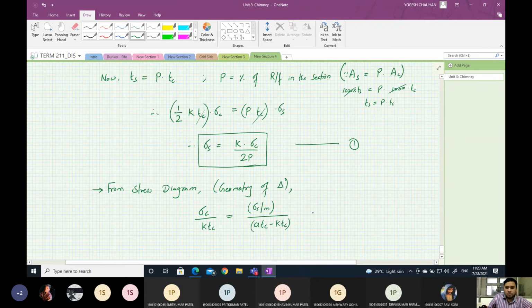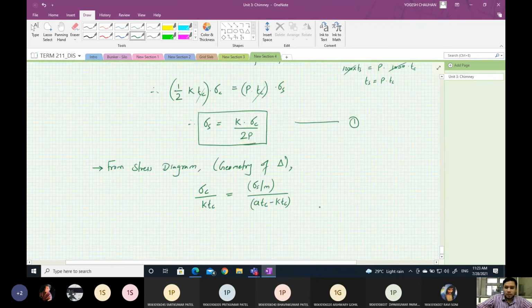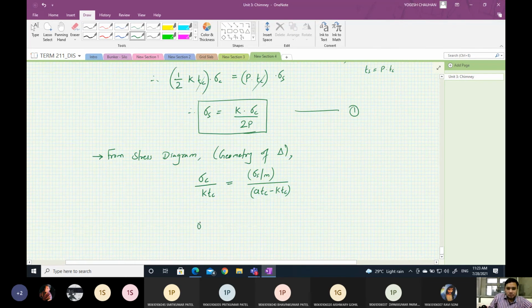Again from this you will get sigma S equals A minus K, because TC is common in the denominator and can be cancelled out. So sigma S equals m times (A minus K) by K times sigma C.